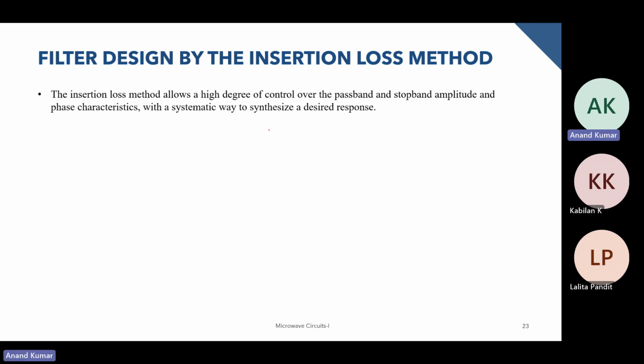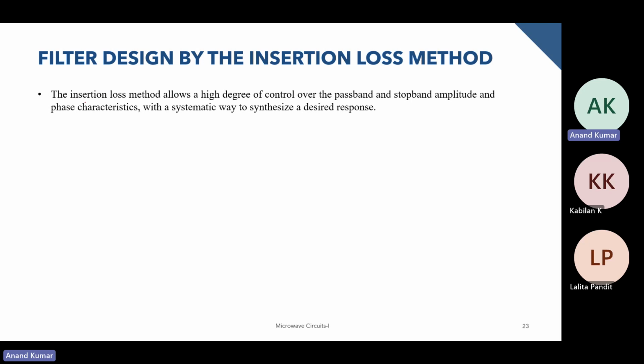As we saw in our discussions now, the image parameter method had its own disadvantages in some places, and it becomes complex if you are trying to design a filter of higher orders. One of the major problems was that the image parameter method requires the circuit to be terminated by the image impedances, which becomes very difficult if you're designing multiple filters, and it does not allow us the flexibility.